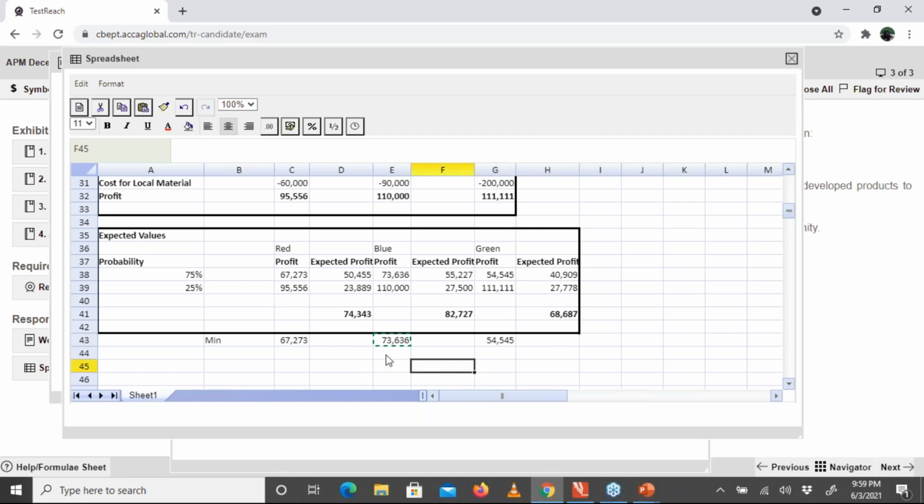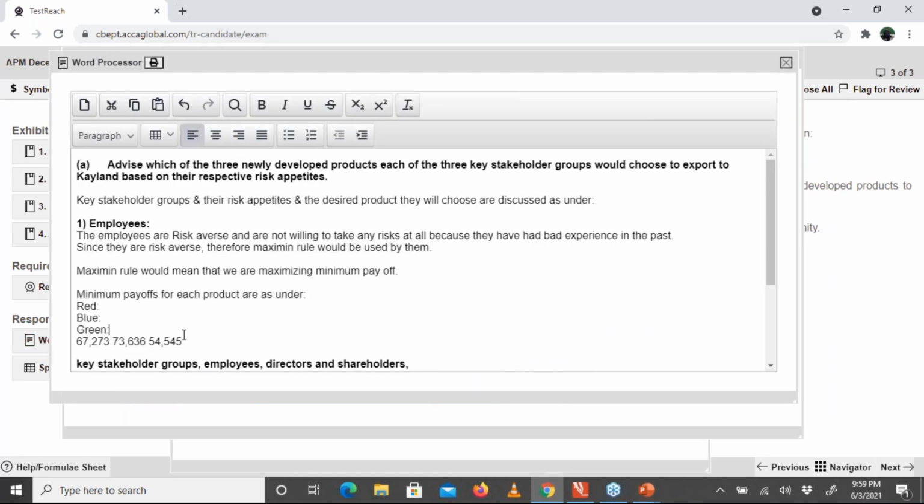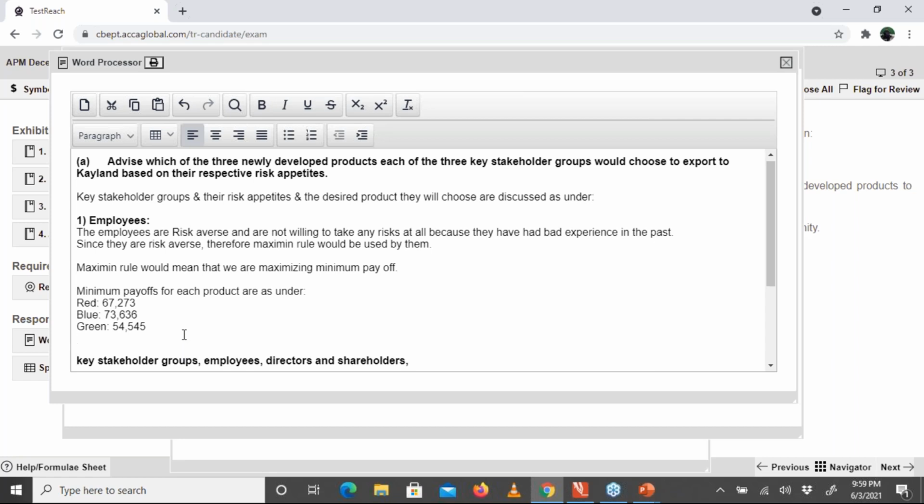Now, these are the payoffs. So the minimum payoffs for each product are as under: the maximum out of the above minimums will be chosen, that is product blue.